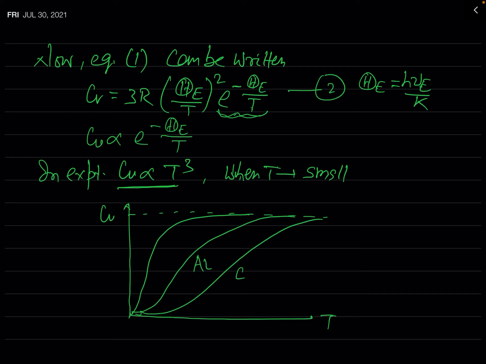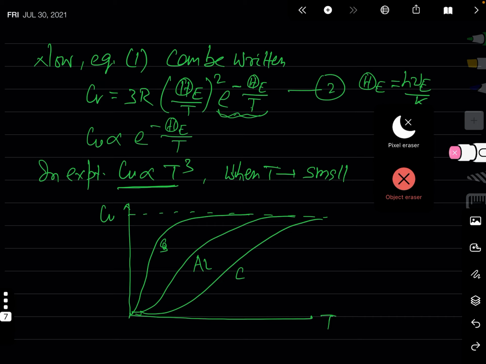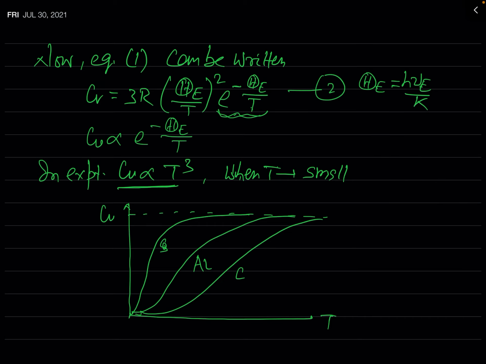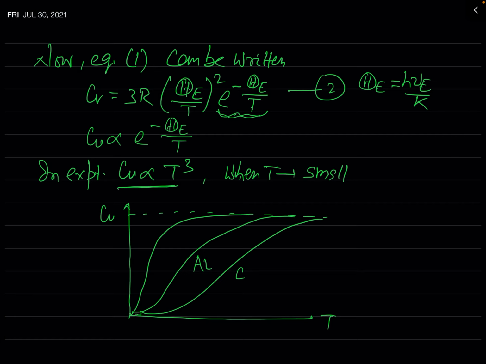This is for aluminium, and this is for silver. Sorry, this is for silver. Silver symbol is Ag. This is for silver Ag. So actually, in case of some of the solids, these curves do not coincide with one another.